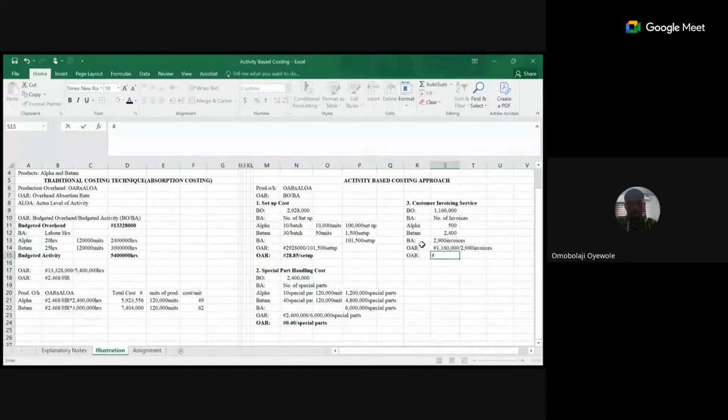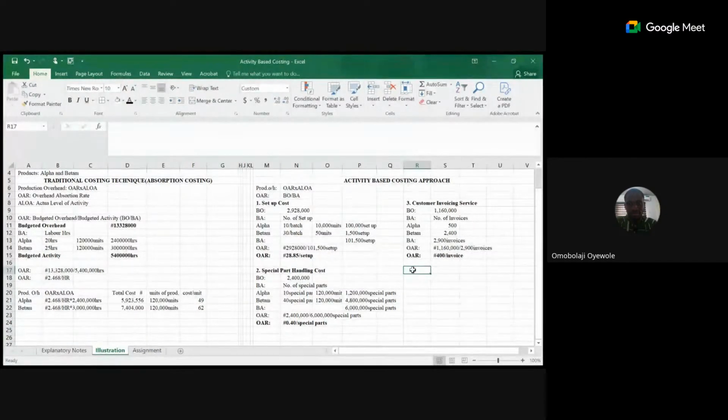Yes. 400 naira per invoice. So that's going to be our OAR for customer invoice services. So remember that by the time we are multiplying to get each of them, we'll be multiplying the OAR times each of those levels of activity.